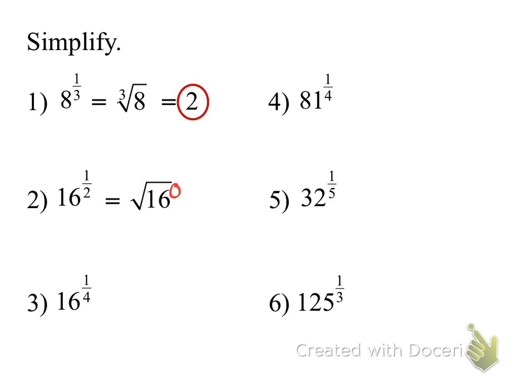You already told me that the 2 goes here. I want to know what is the power of the 16. One more time. When I had x to the 1/2 power, this is the root, and this is the exponent. 1. So that would be to the first power. And what is the answer, Caesar?